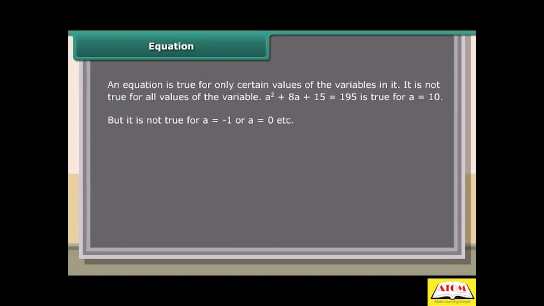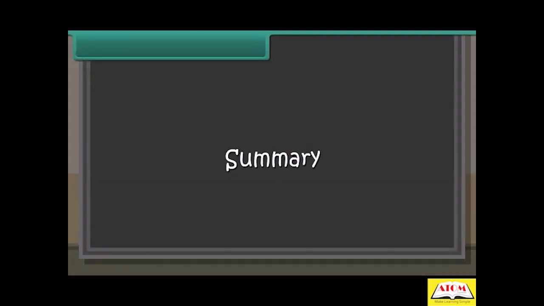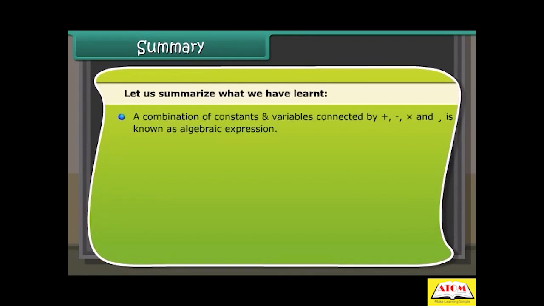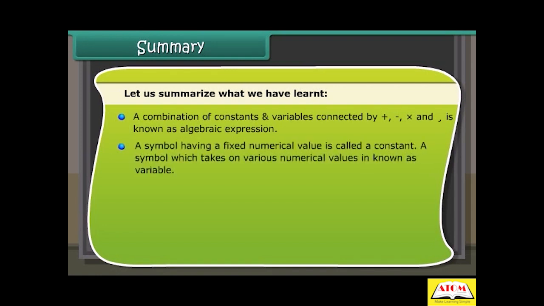Summary. Let us summarize what we have learned. A combination of constants and variables connected by plus, minus, multiplication and division is known as an algebraic expression. A symbol having a fixed numerical value is called a constant.